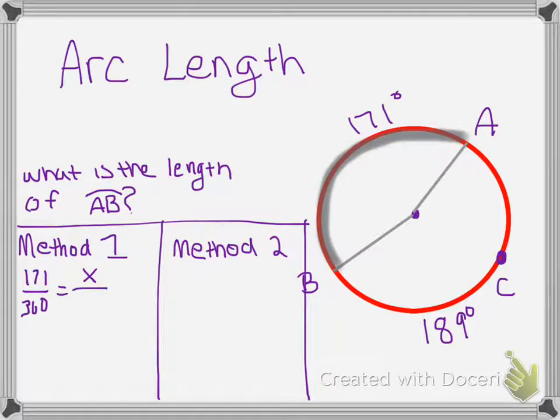the part of the circumference over the whole circumference. Well, I didn't give you that, so let's say that the radius is 7. That means that the circumference is going to be 14 pi. Now you cross multiply. 360x equals 171 times 14, which is 2394 pi.